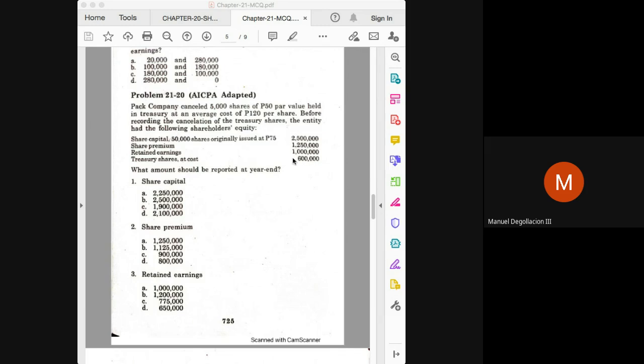But what we are after is simply the share capital and share premium of the 5,000 shares that are going to be canceled. We know that the par value is 50, so you multiply 50 times 5,000. The share capital of these 5,000 treasury shares is 250,000.